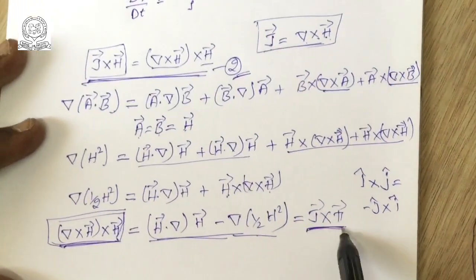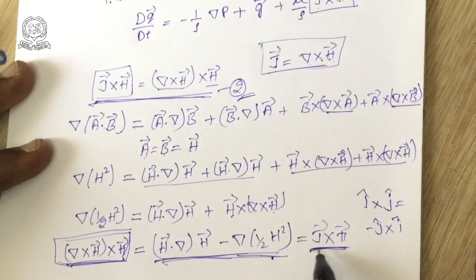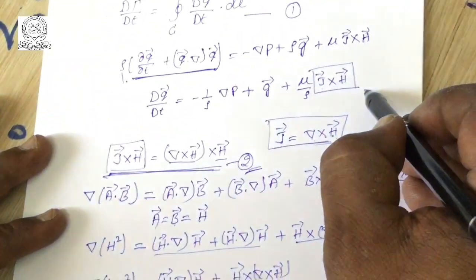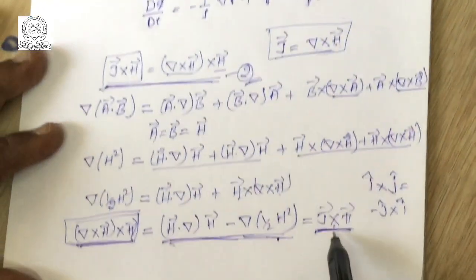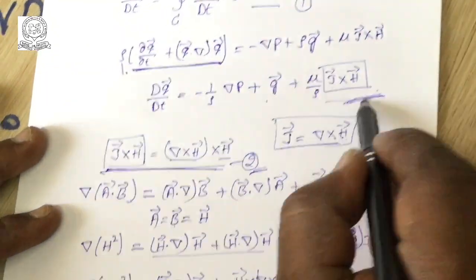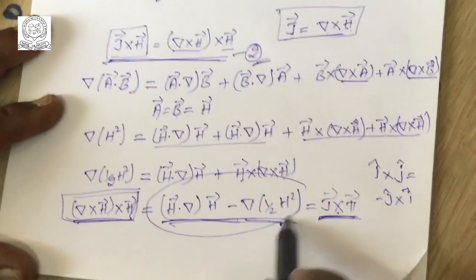That's why J cross H can be written in this form. Now substitute J cross H in the momentum equation. Got it? I am going to replace J cross H in the momentum equation by these two terms.